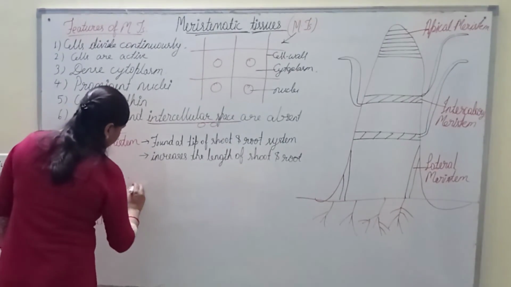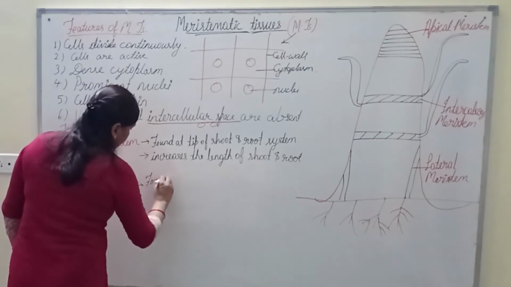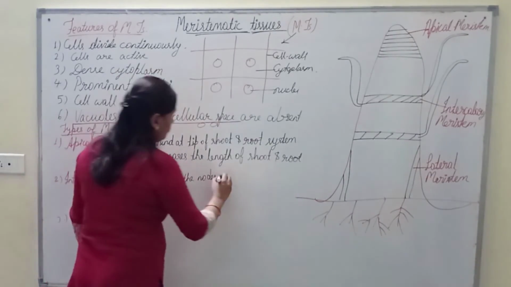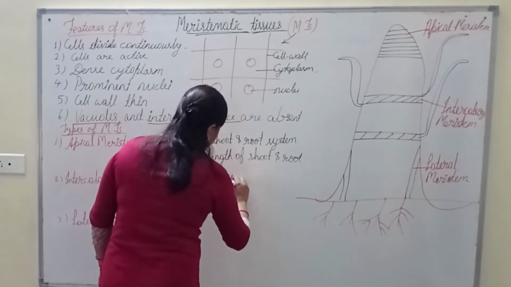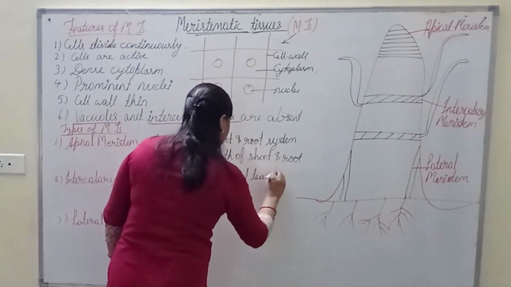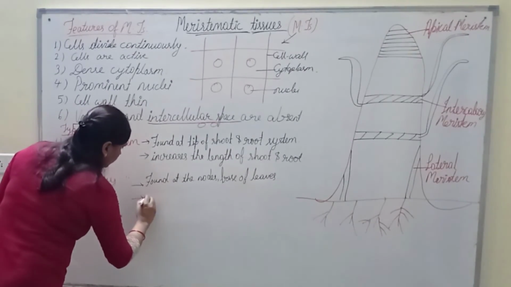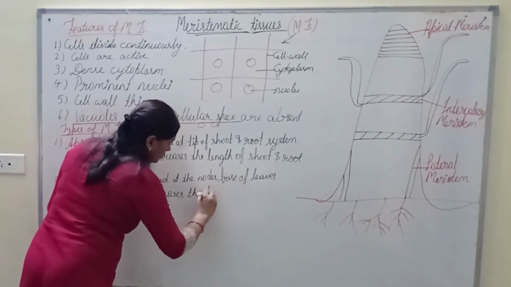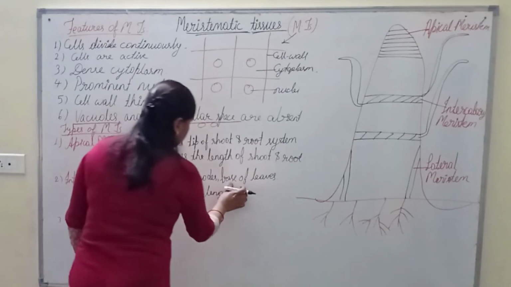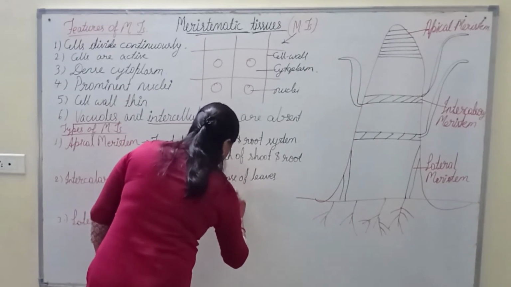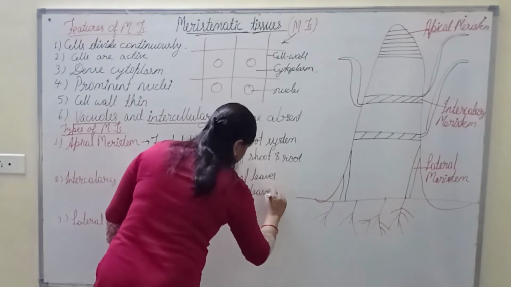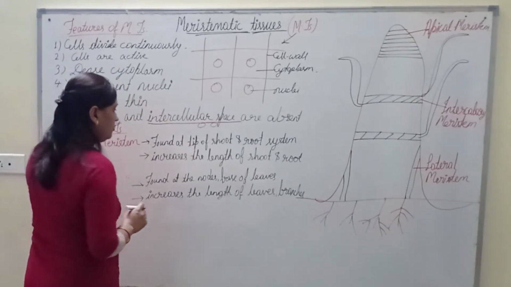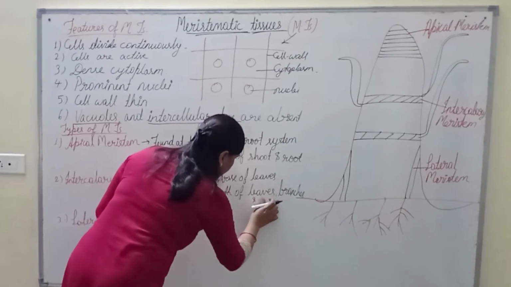Now intercalary meristem is found at the nodes and base of leaves, and it increases the length of leaves, branches and internodes.